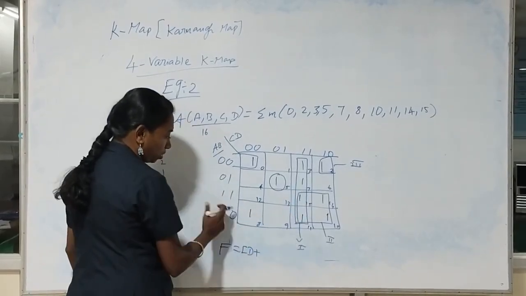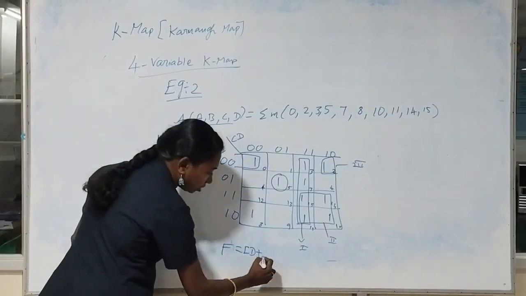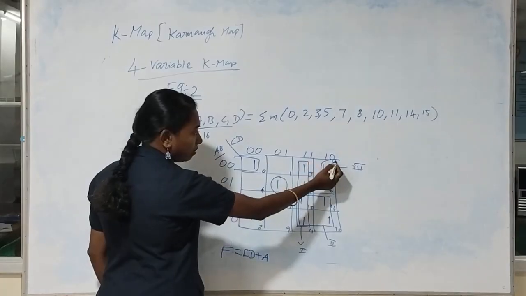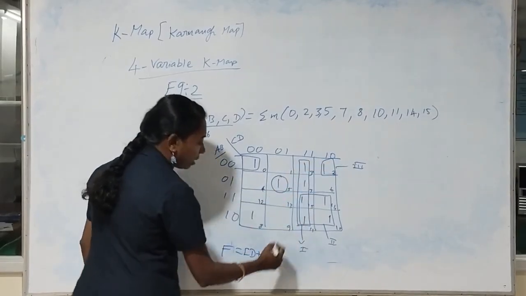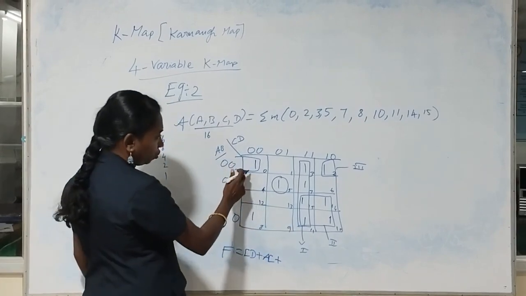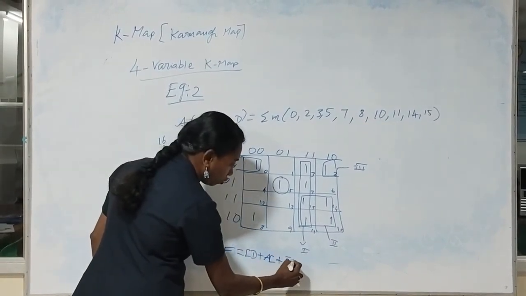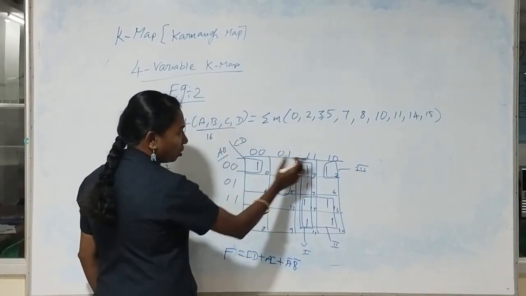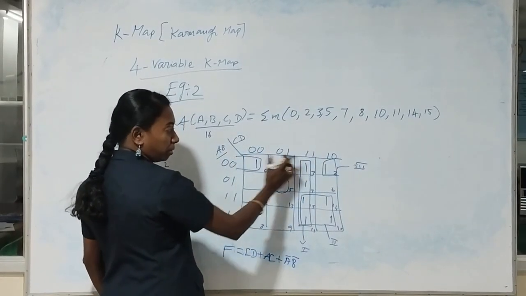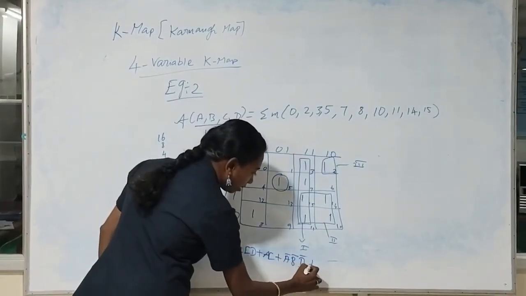For these two, in the corresponding rows the values 1 and 0 get cancelled, so this is A. And for 1, 1, 1, 0, the B value gets cancelled, so C remains, so A C. For your third group, the corresponding row values are A complement, B complement, and the column values 0, 0, 1, 0. C is in complemented and uncomplemented form, so it will cancel and B complement will remain.